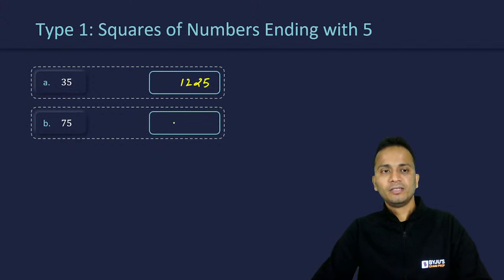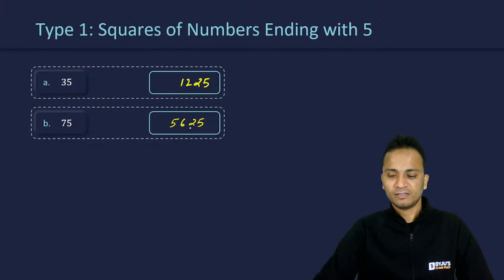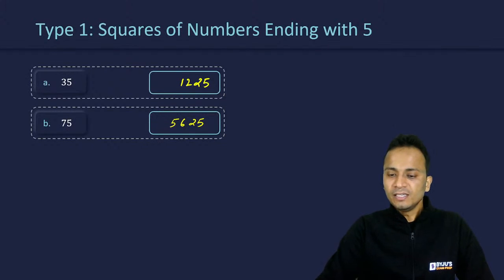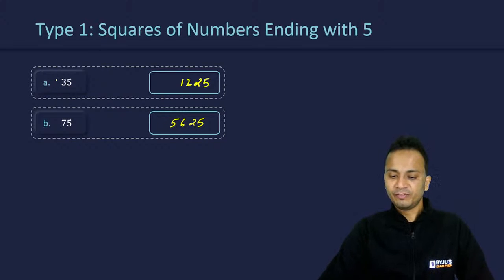75 square. Fine, let's do it. 7 into 8 is 56 and then 25. So 5625 will be the final answer. All right. Let's move on to the next part, part C. Anik has written the answer for the previous one.